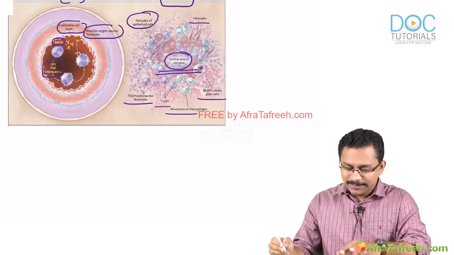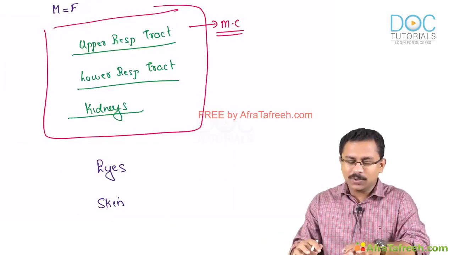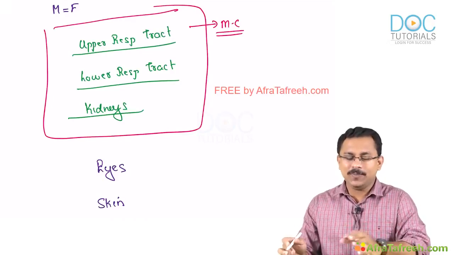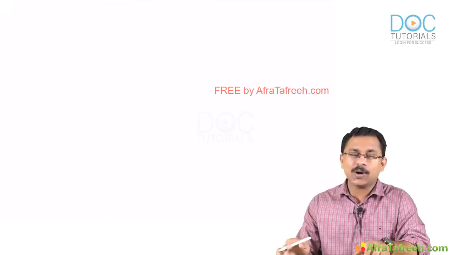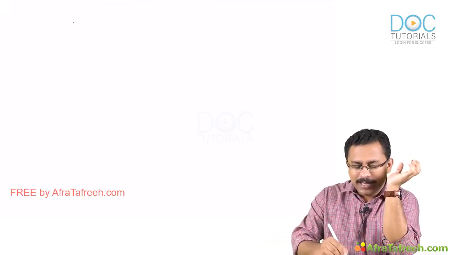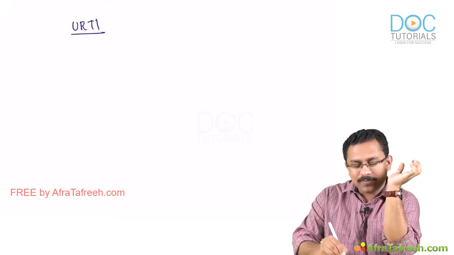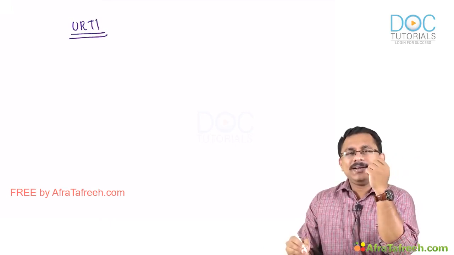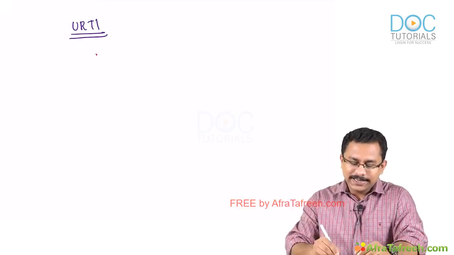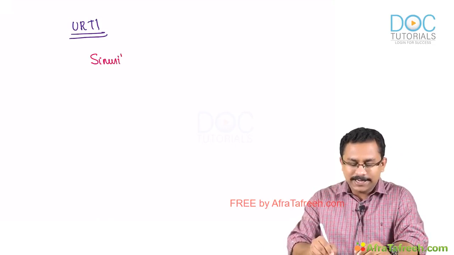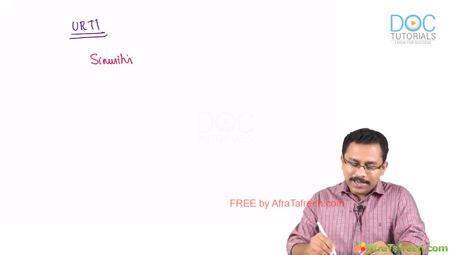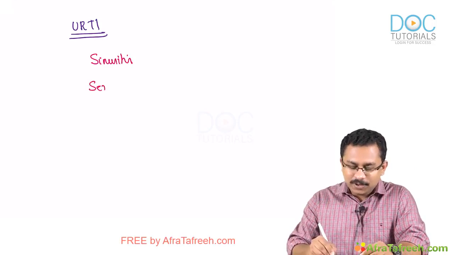Okay, all right. Now let's come to the individual affections. I told you three areas are predominantly involved. So let's first see how the respiratory tract is involved. When the upper respiratory tract is involved, this can produce a variety of manifestations. Okay, you can have sinusitis associated with the Wegener's. You can have serous otitis media.